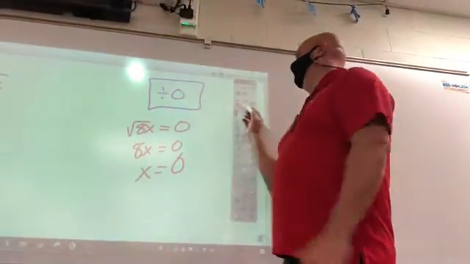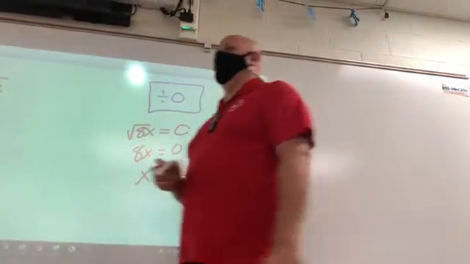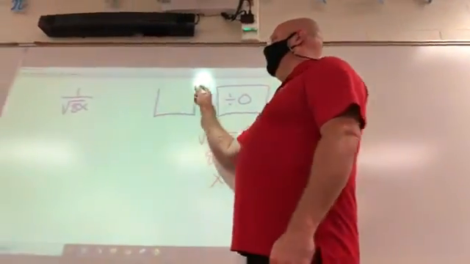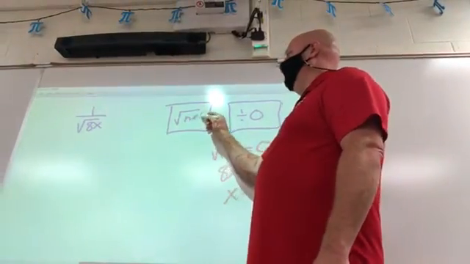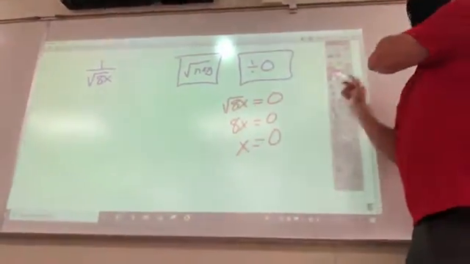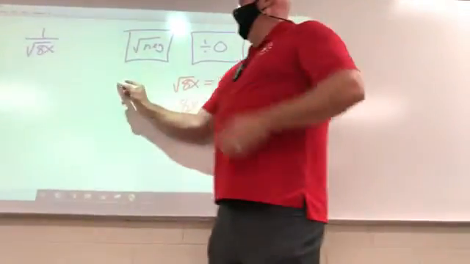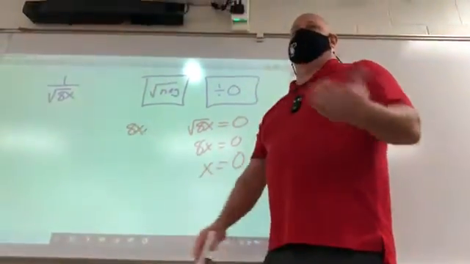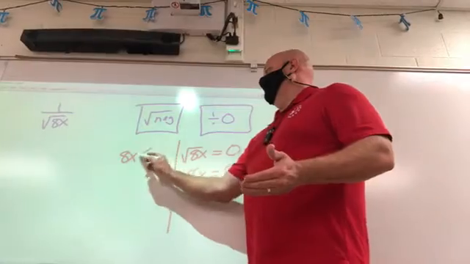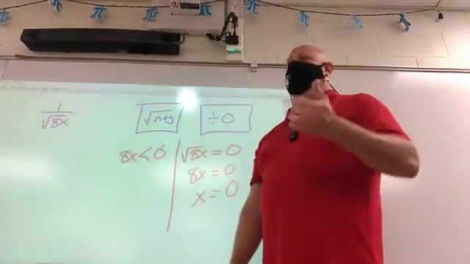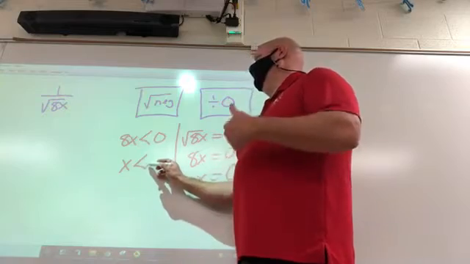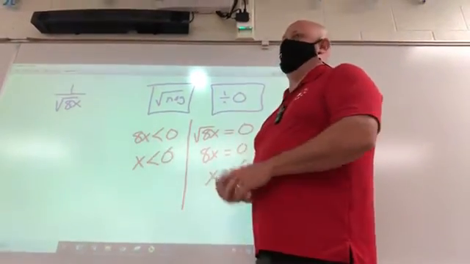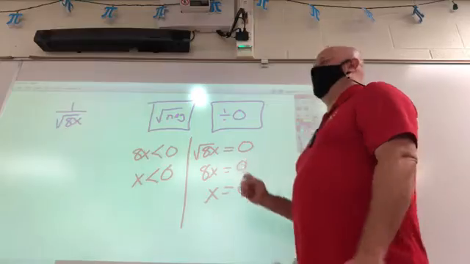What other problem do I have to make sure I avoid here? You are not allowed to take the square root of a negative number. What would cause that problem? If the 8x was what? Less than 0, that would cause that problem. So x can't be less than 0. X can't equal 0.